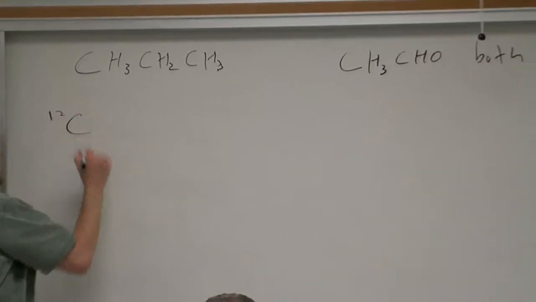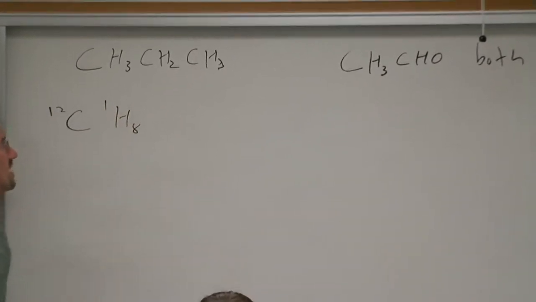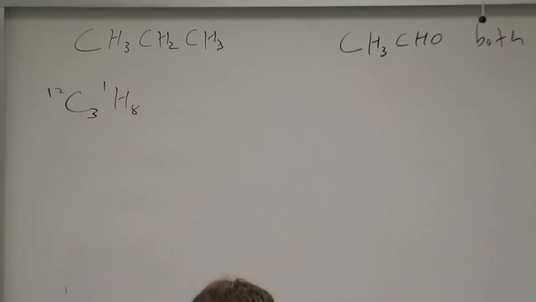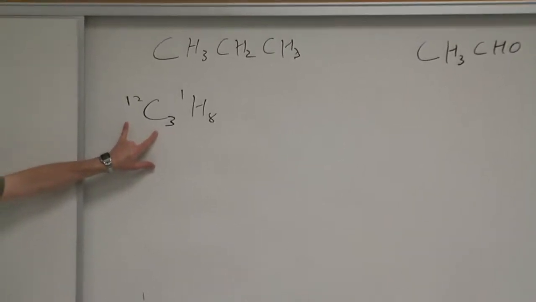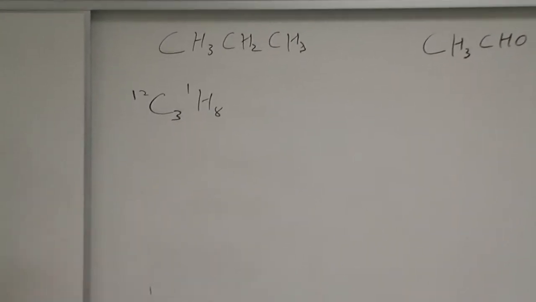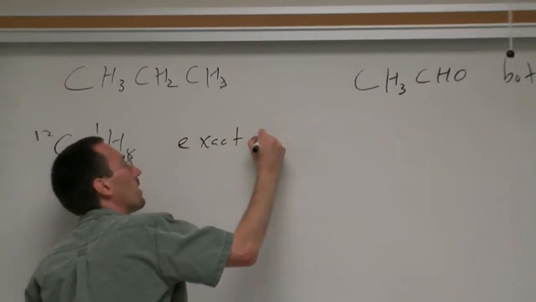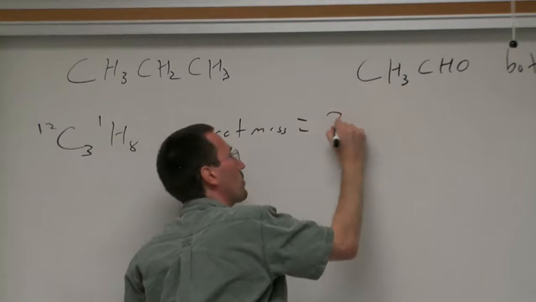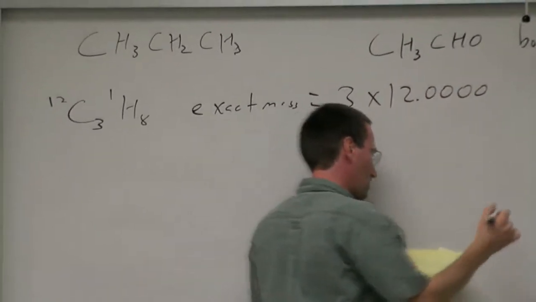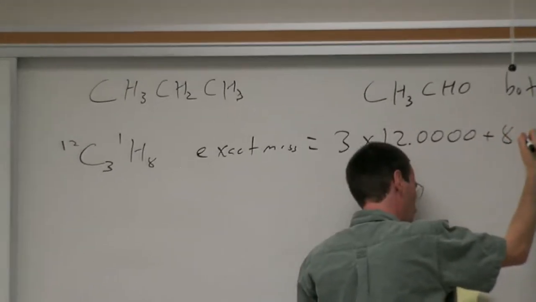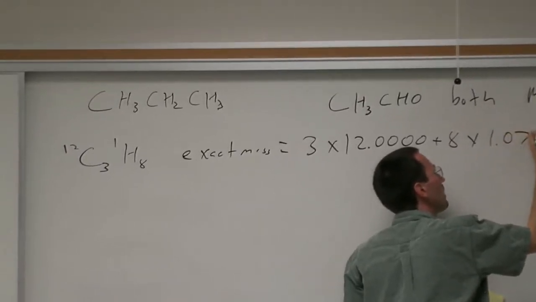So let's take a look. If I have C12-3 and H1-8, in other words, the predominant isotopomer of propane, then its exact mass is equal to 3 times 12.0000, as many zeros as I choose to write, plus 8 times 1.00783.